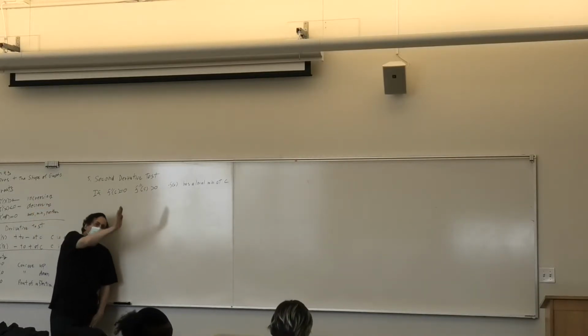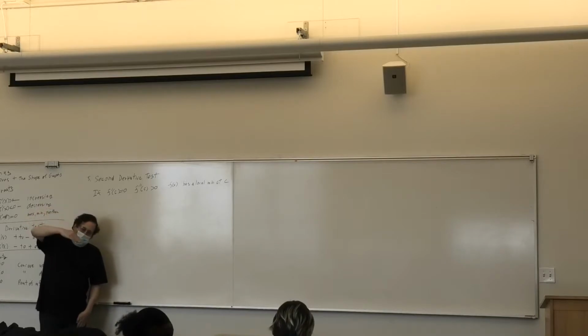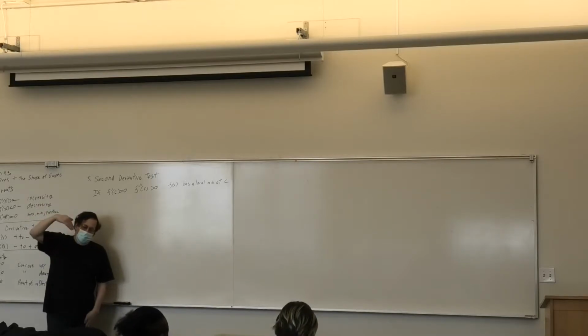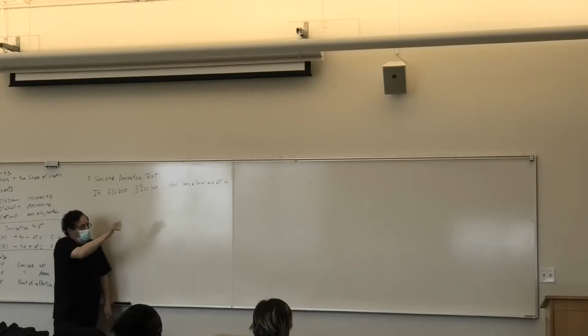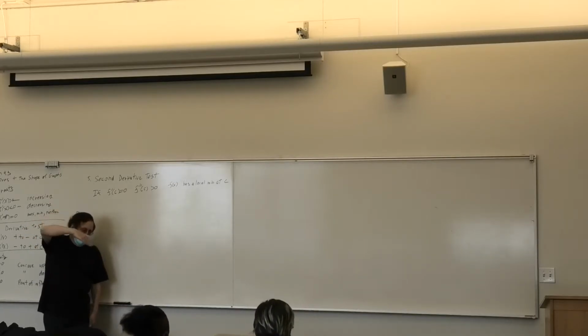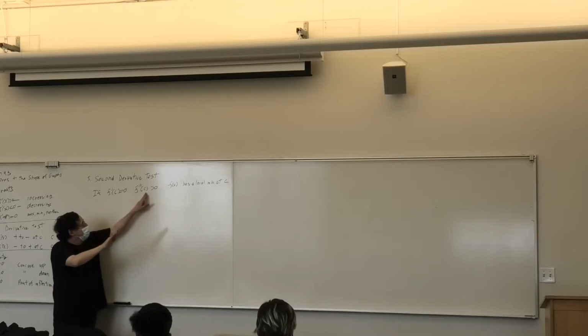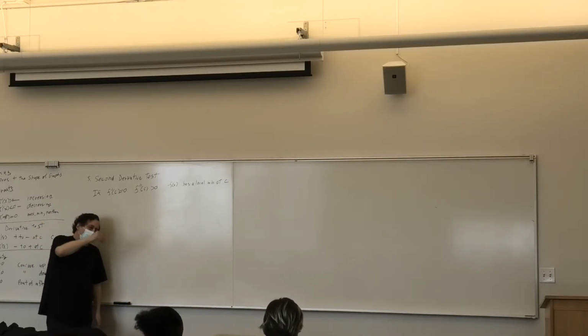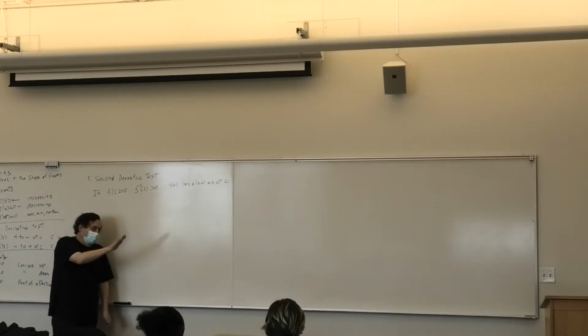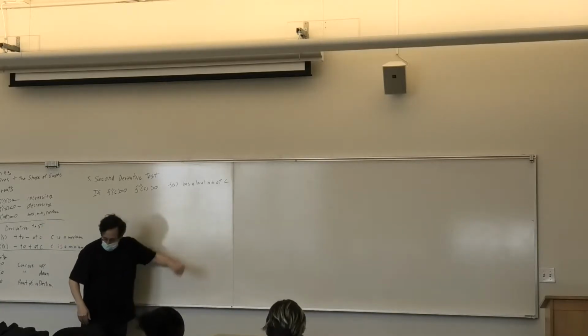So again, think of this visually, or you can move your hand if you want. The derivative is increasing because the change in the derivative is increasing. So the slope is increasing, so we get a minimum.